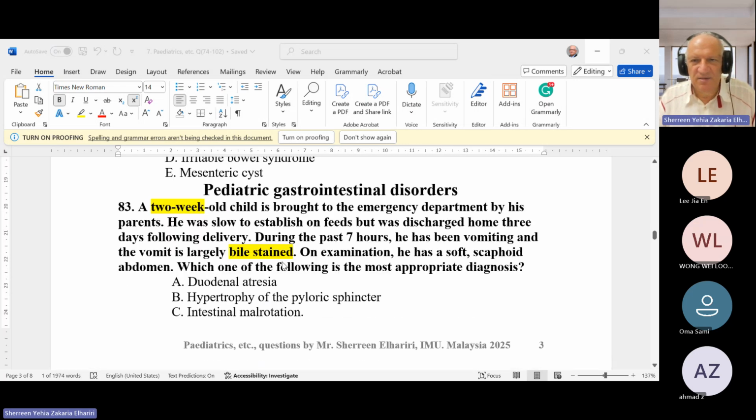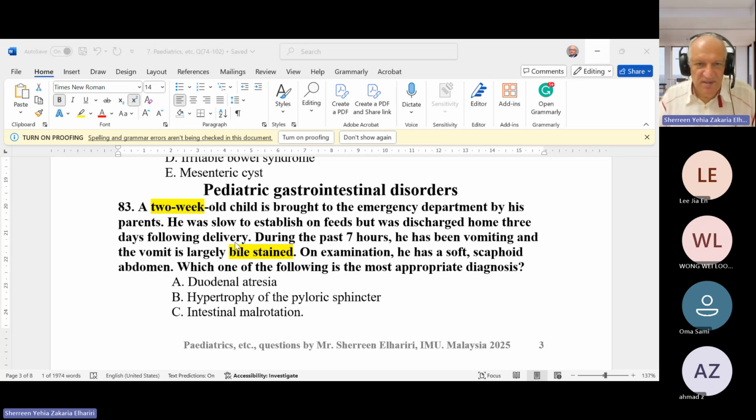Still in pediatric cases or babies: a 2-week-old child is brought to the emergency department by his parents. He was slow to establish on feeds, but was discharged home 3 days after delivery. During the past 7 hours, he has been vomiting, and the vomit is largely bile stained.